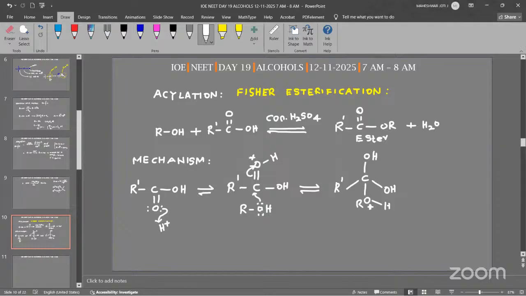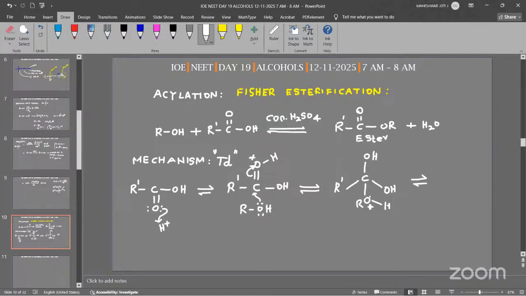So this nucleophile, right? This nucleophilic addition is occurring, resulting in the formation of a tetrahedral intermediate. So this mechanism follows the tetrahedral mechanism. Tetrahedral mechanism. TD is tetrahedral. Right? Now this tetrahedral here.